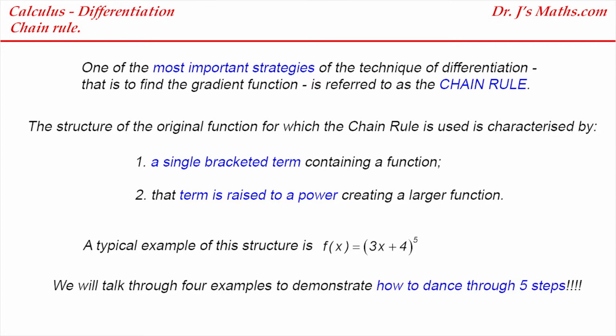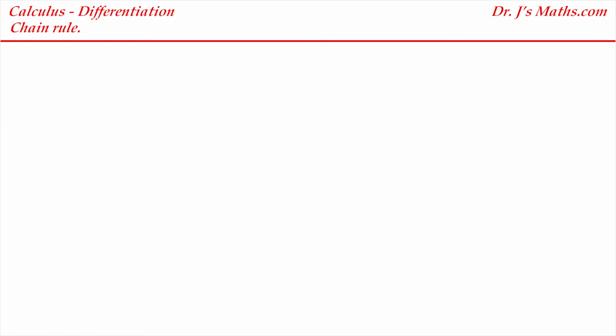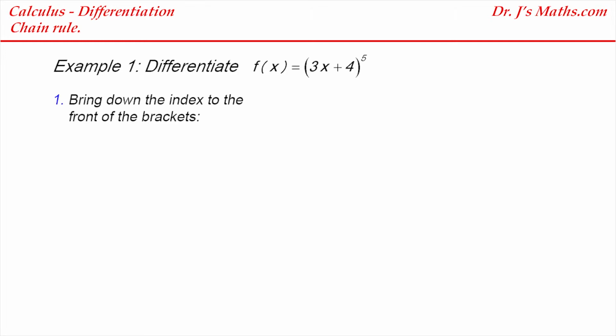We will talk through 4 examples now to demonstrate how to dance through the 5 steps in order to implement the rule. We'll take the same example, f(x) equals (3x plus 4) all to the fifth. So step 1, bring down the index to the front of the brackets. So we'll write f dash x equals 5.